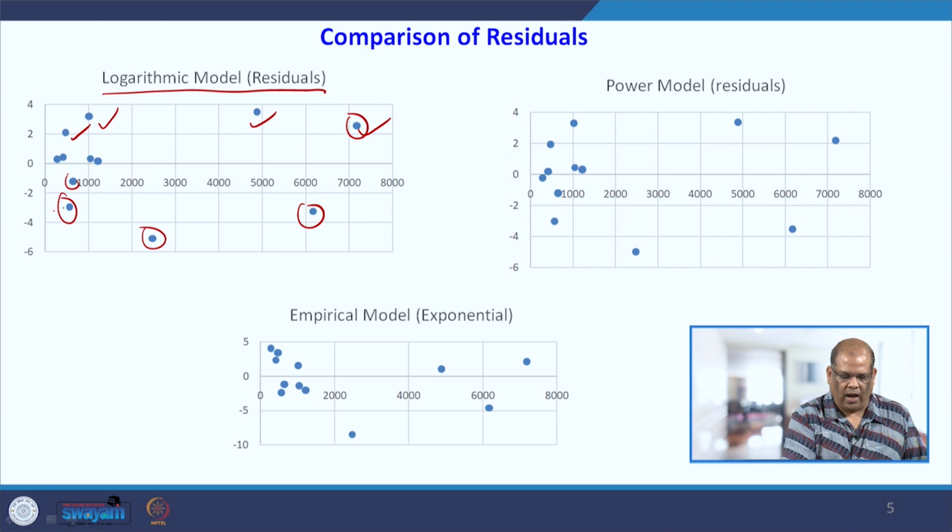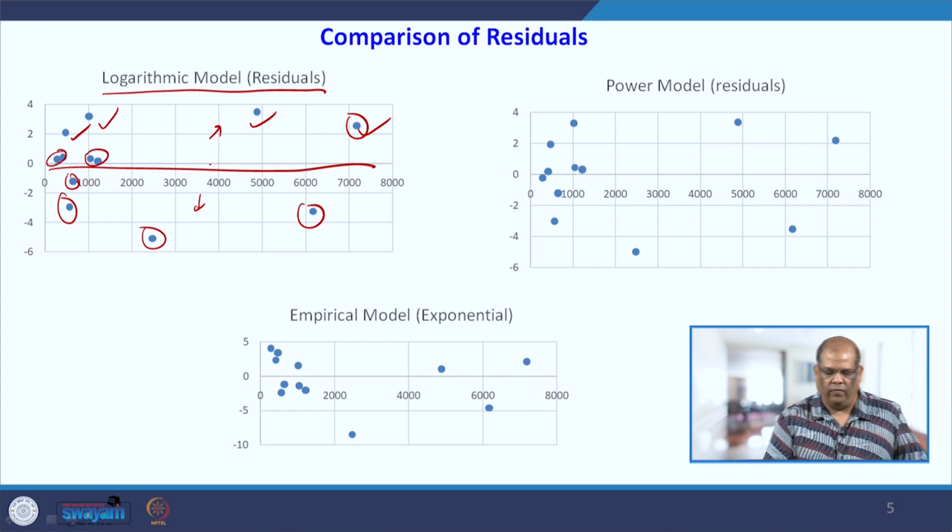This is the line y equal to 0. 4 of them lie below y equal to 0, 4 of them lie above, and these two are very close to the line y equal to 0. If we get such a thing, we say that the empirical model is good.